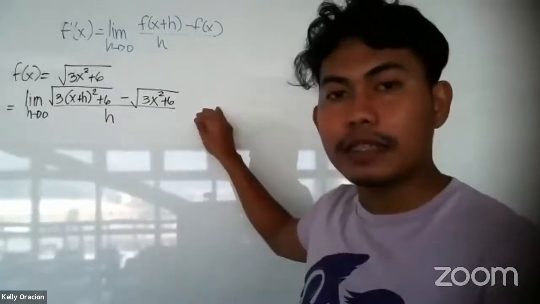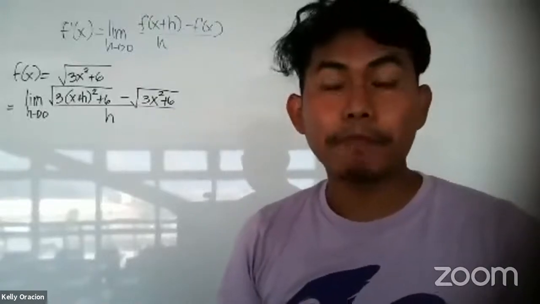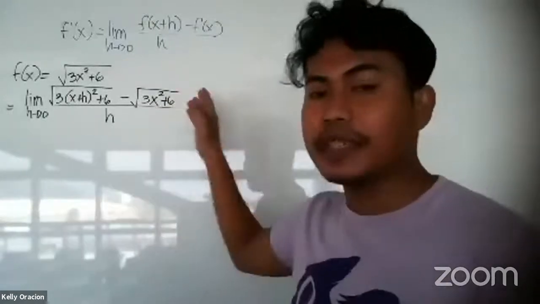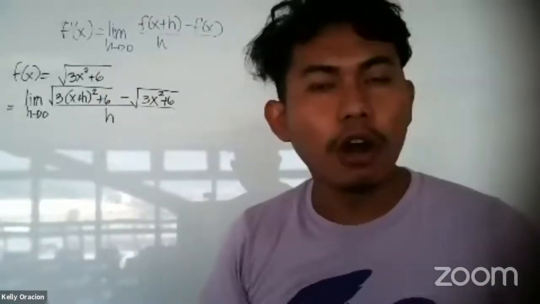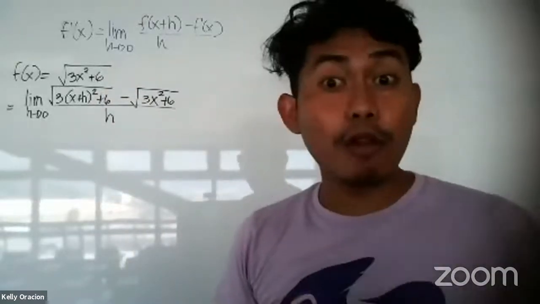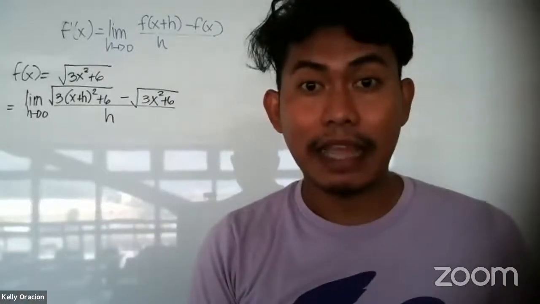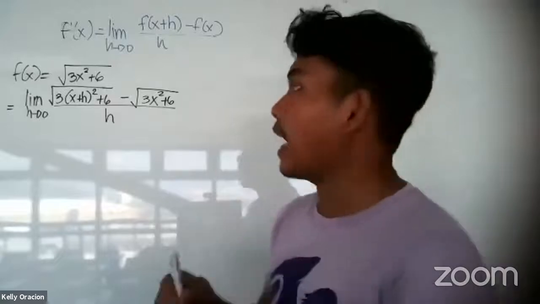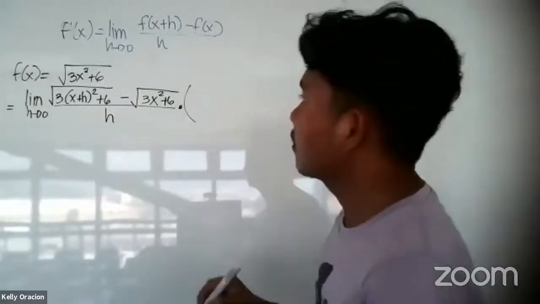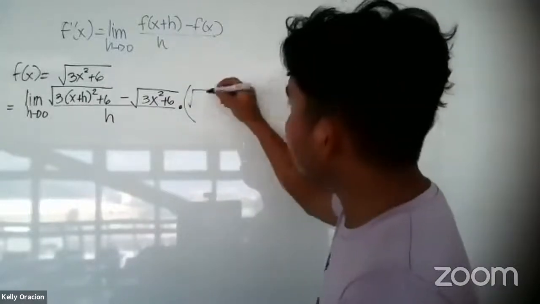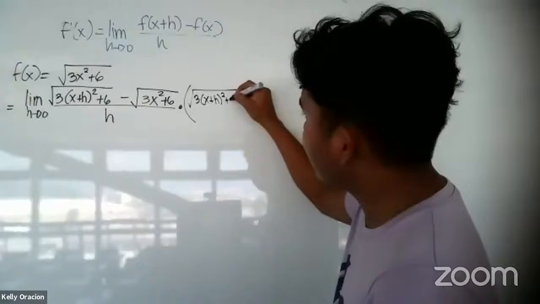Then after this process, you need to what? You need to conjugate. And take note, this is square root. So pag sa square root gani ang given, na conjugate ninyo, all you need to do is to multiply the same terms but opposite side. Okay? So yun yung i-multiply ninyo. So the same terms, so 3 times x plus h squared plus 6.